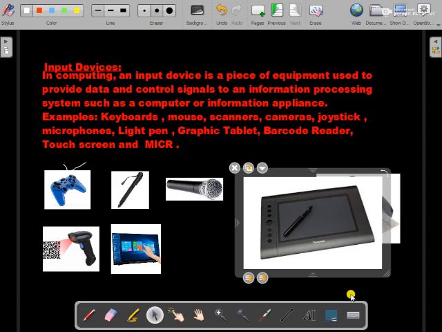A graphics tablet consists of a flat surface on which a user can draw using a pen-like drawing device called stylus. Graphics tablets are of great use for capturing the handwritten signatures of people.